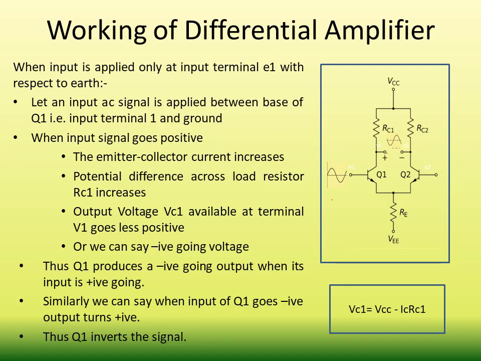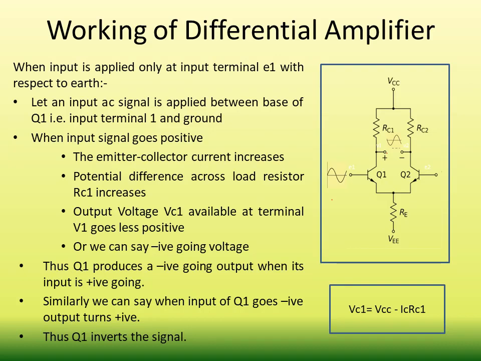Let an input AC signal be applied between the base of Q1, input terminal 1, and ground. We know an AC signal keeps on going from positive to negative. So when the input signal goes positive, what happens? The base of the transistor Q1 becomes more positive.